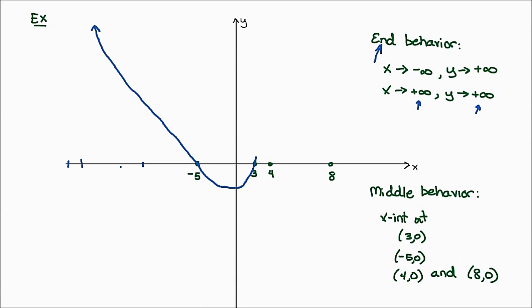It climbs back up, crosses through this one, climbs back down, crosses through that one. Let's just make sure it looks like we crossed through. And then it climbs back up and crosses through this, and then climbs up forever. That's the basic sketch of the graph of a polynomial function with this behavior.